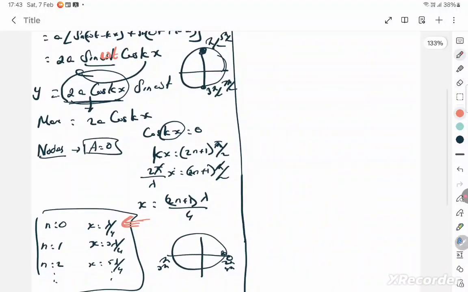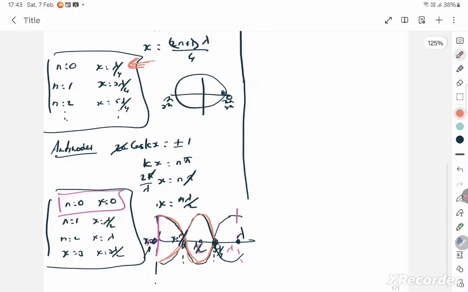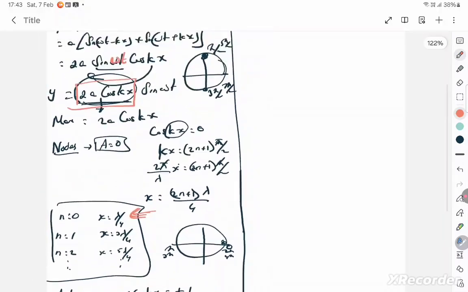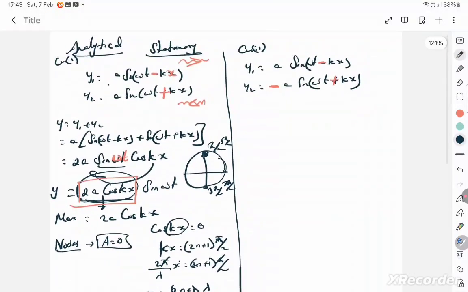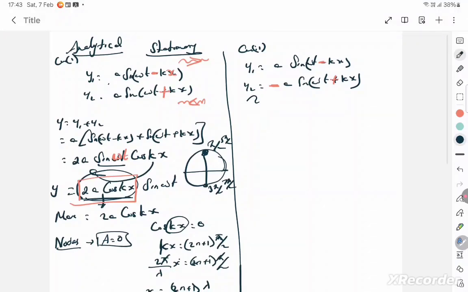You obviously get your maximum amplitude as cos, and when a cos graph is at 0, the graph has to be like this, and it starts with an antinode. Whereas in the other treatment, I was considering a string in which there is a wave which progresses like this and comes back like this.